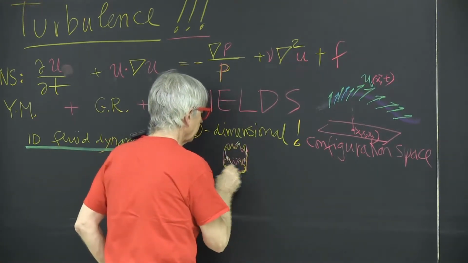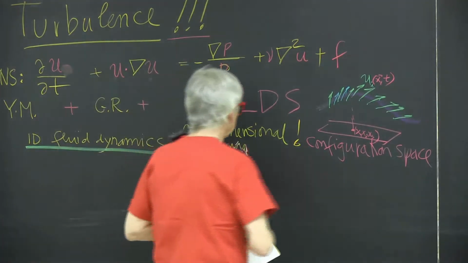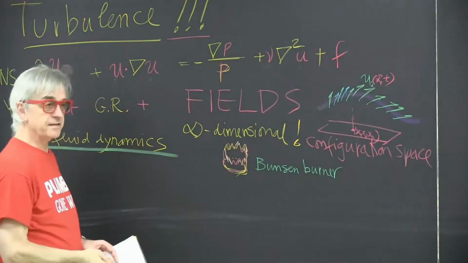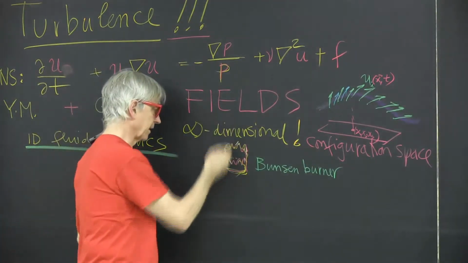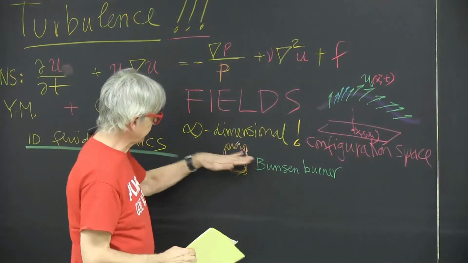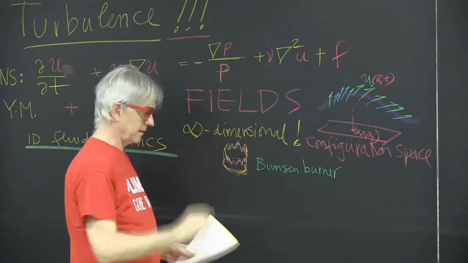That's what chemists use. For slow velocity, this will be stable. There will be just a ring of fire of equal height where the gas meets oxygen and burns. And as you turn it up, it'll start fluttering.